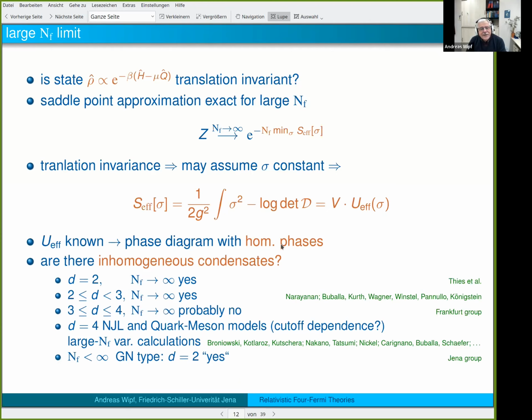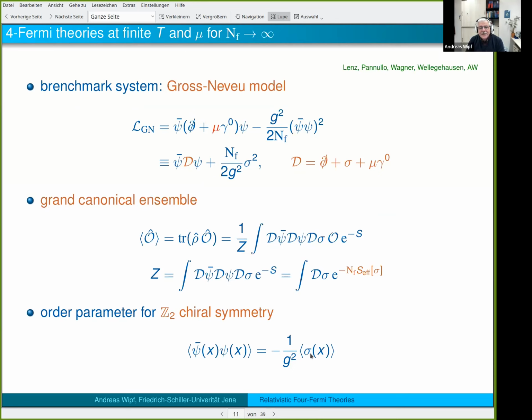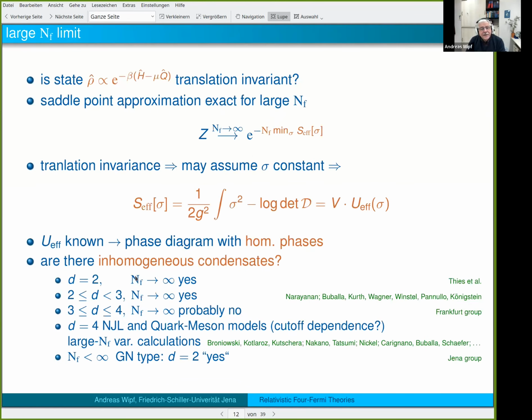So the question is, is it really true that in equilibrium the condensate is constant? Is it really true that this expectation of sigma, this condensate, does not depend on x? And well, 15 years ago, or 10 years ago, if you would have asked me, I would have said, of course, it's constant.